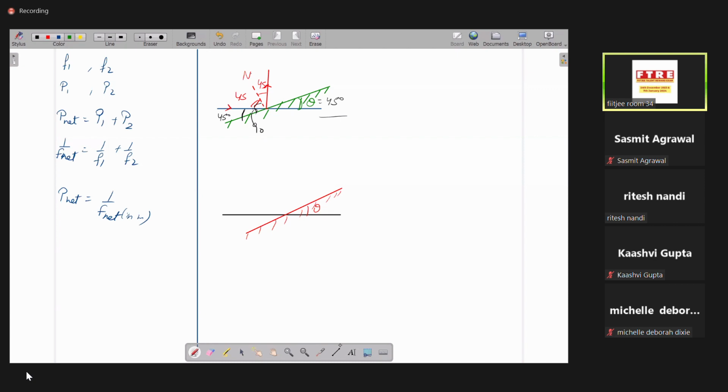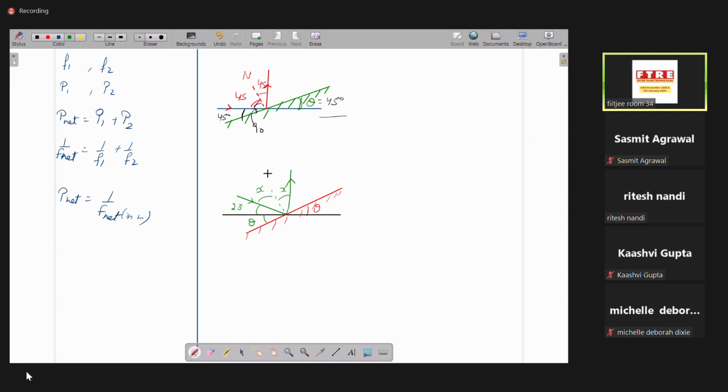If it is the case, it will be like this. Above the horizontal, and after reflection it becomes 90 degrees, perpendicular to the horizontal, it is said to be vertical. This angle is given to be 20 degrees. Clearly, if this angle is x, this angle will also be x. And this is theta.